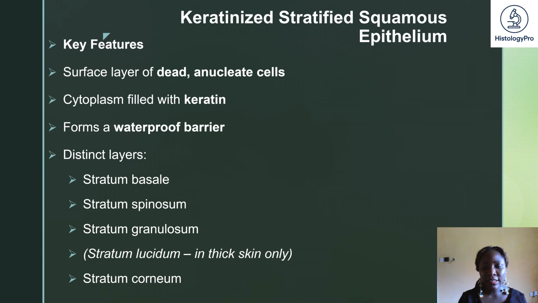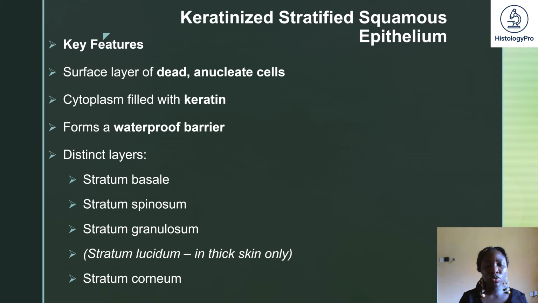Because of this keratin accumulation at the surface layer, the epithelium forms a waterproof barrier. This is particularly important in the epidermis of the skin, where it prevents dehydration and protects against environmental damage. Structurally, this epithelium is organized into distinct layers. The deepest layer is the stratum basale.